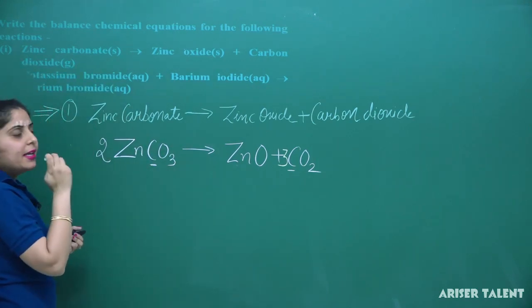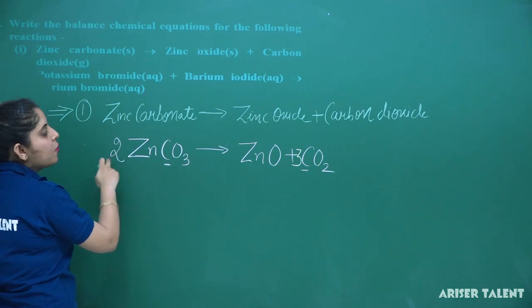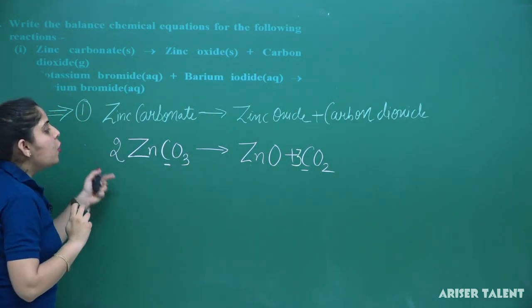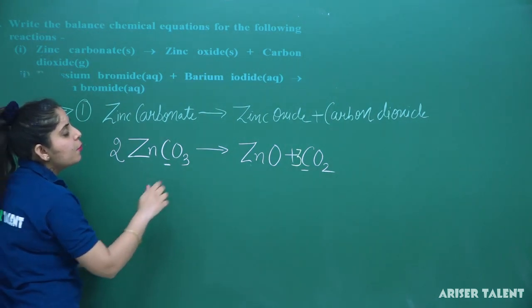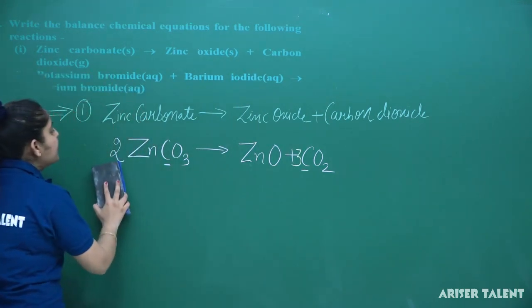Now look here, we have 2 atoms of zinc, 2 atoms of carbon and 6 atoms of oxygen. The oxygens are balanced, but we are left with one extra oxygen atom, so this is not the complete balanced equation.